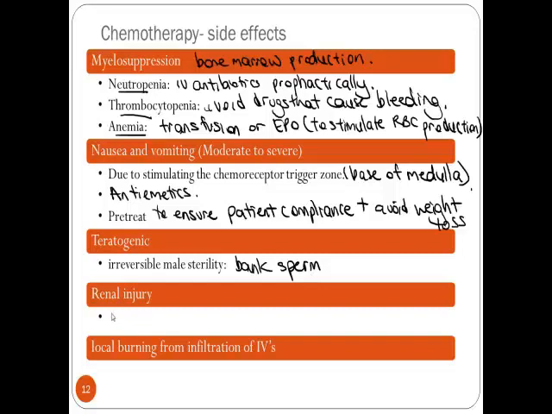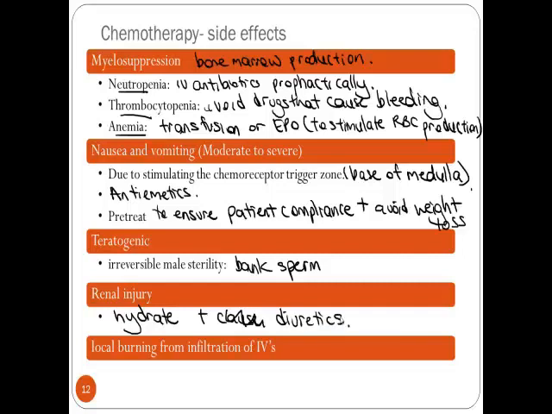So a tactic to combat this would be to hydrate the patient, either through intravenous fluids or to tell the patient to actually drink lots of water, and then to flush out the cytotoxic drugs with diuretics, right?